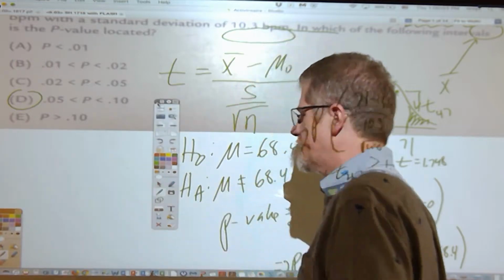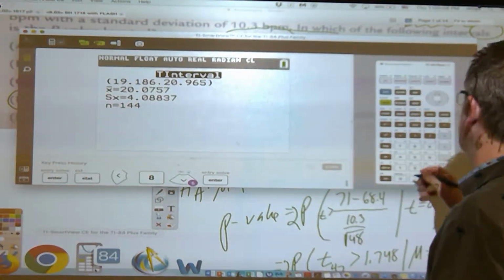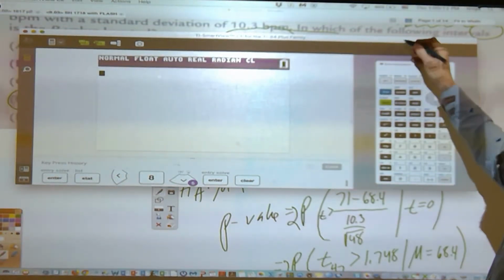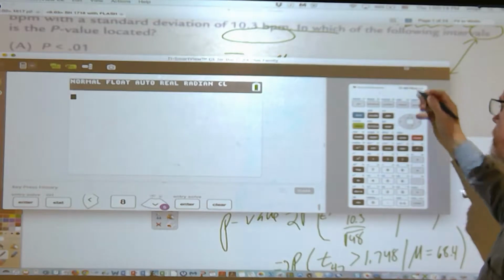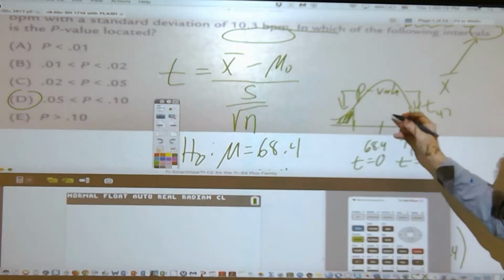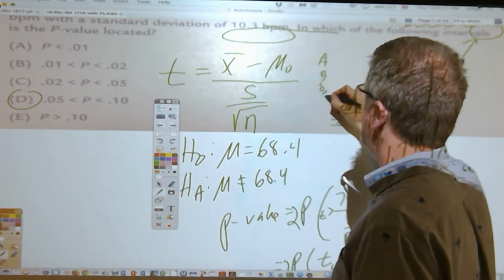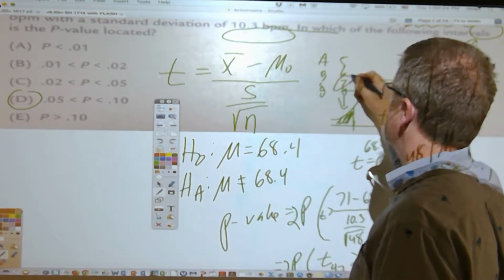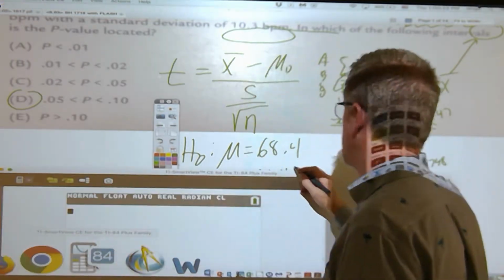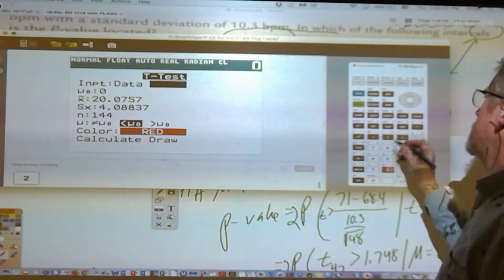Now, another way to get this, probably the fastest way if it's calculator allowed, and of course it's calculator allowed because everything in AP Stats is calculator allowed, you can just go to STAT TESTS. Let's see, we're getting a p-value from t. So we're thinking 2 in the menu. If you just do STAT TESTS 2, we should be able to knock this out.